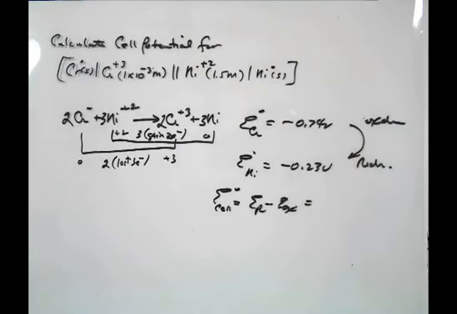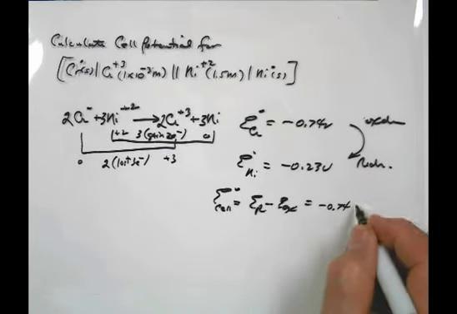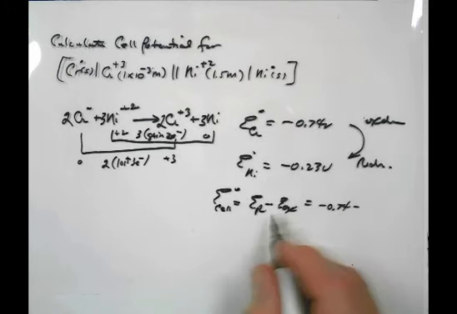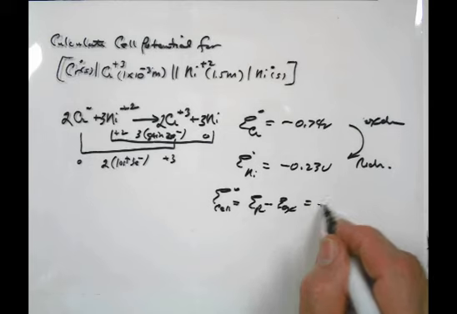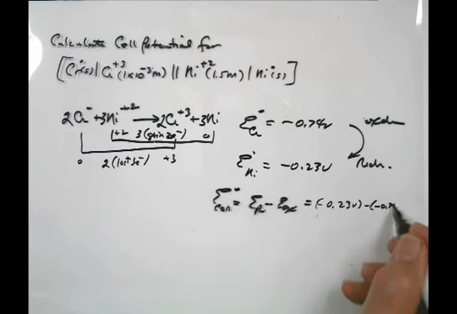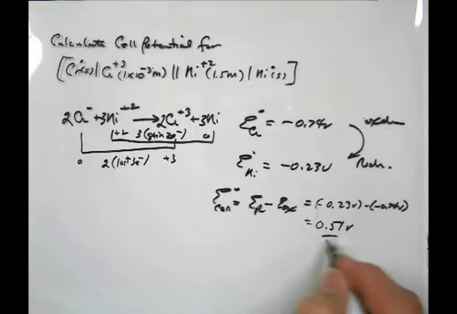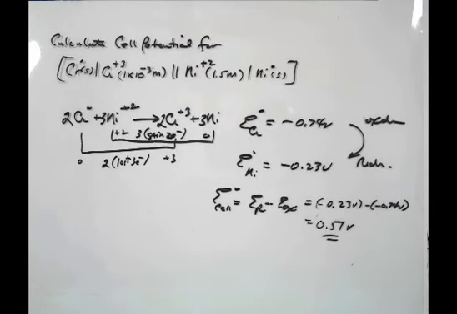Remember, from negative to more positive. Even if they're both negative, you still flow from the more negative to the more positive. So this would be minus 0.74 minus, no, reduction side, sorry. That'll be minus 0.23 volts minus a minus 0.74 volts. So you subtract, what does that give us? 0.74 minus 0.23, 0.51 volts. So there's your standard cell potential.